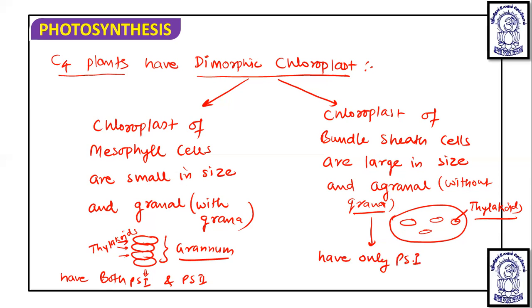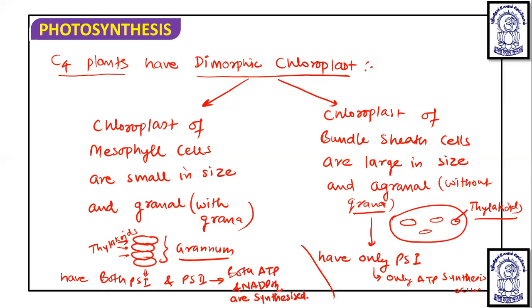And if they have only PS1, they perform only cyclic photophosphorylation, and they carry out only ATP synthesis. Whereas here both PS1 and PS2 are there, so both ATP and NADPH2 are synthesized. Okay, so this way the dimorphic chloroplasts are there.